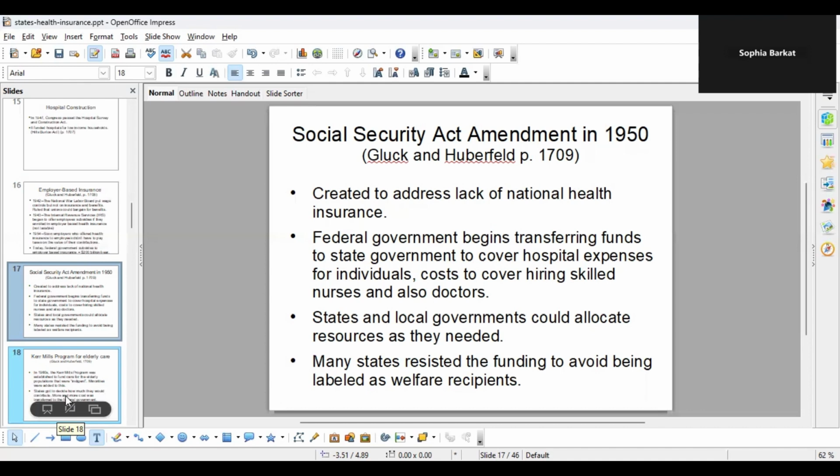So the federal money was at this time being sent to state governments for these purposes, and now state and local governments could divide up the money as they thought was necessary. Many states resisted the funding from the federal government to avoid being labeled as welfare recipients. So this is very interesting.